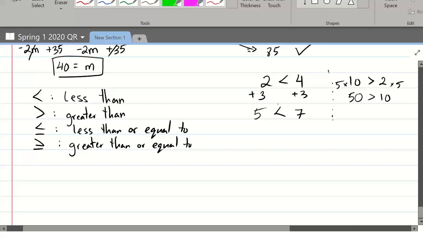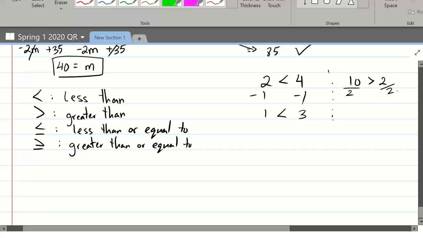Same thing with subtraction, right? If I did minus 1, right? 2 minus 1 is 1, 4 minus 1 is 3, 1 is still less than 3, right? And if I did division, the idea is the same as long as it's with a positive number, right? So 10 divided by 2, 2 divided by 2.